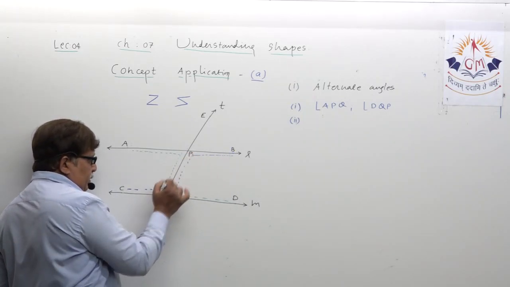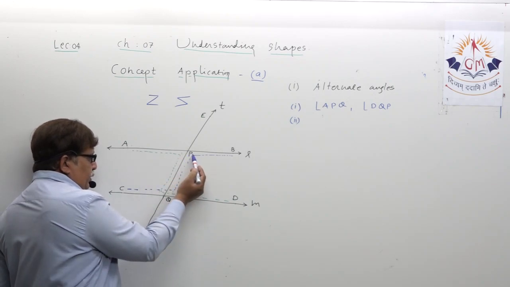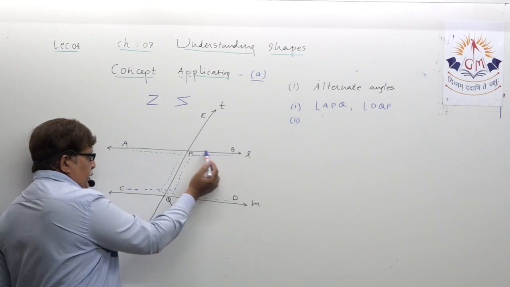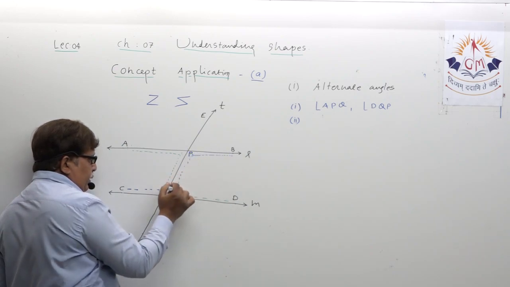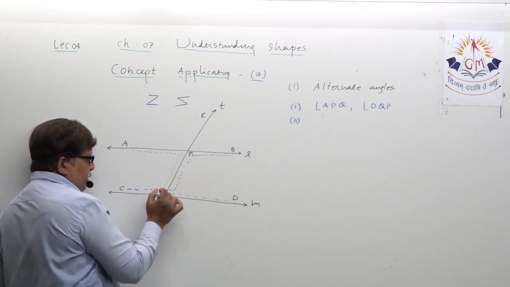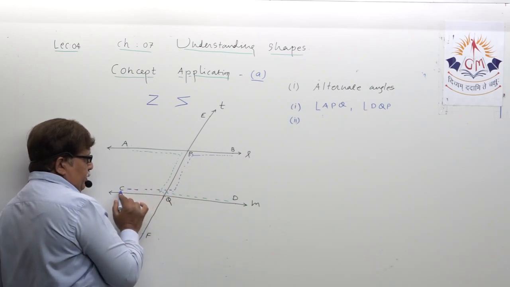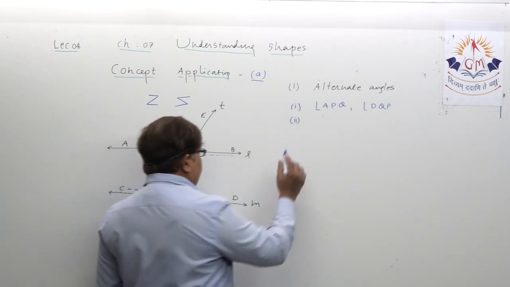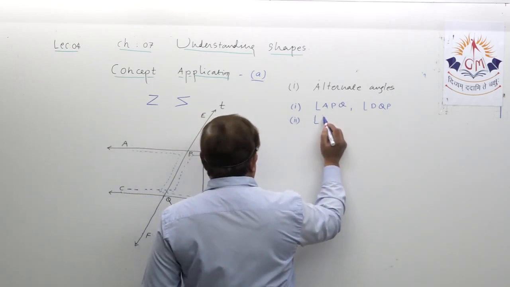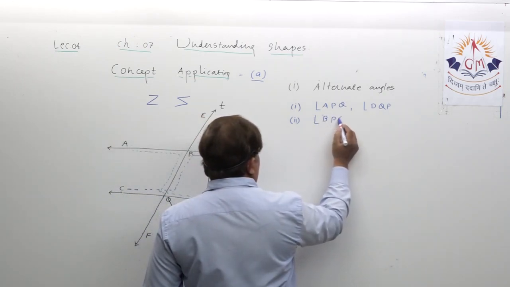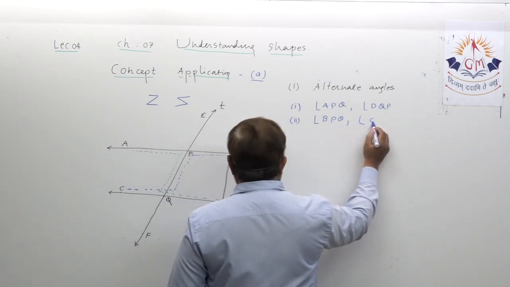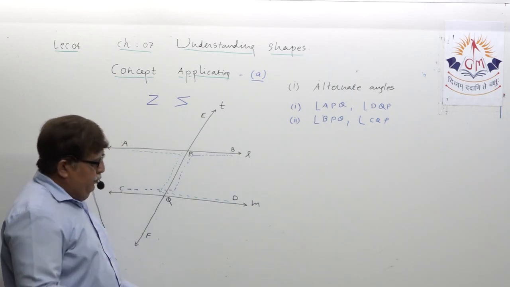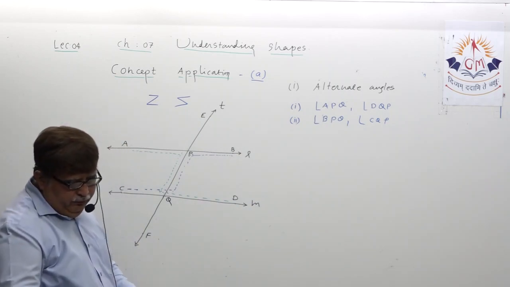This one, sometimes this way: angle B, P, Q. This one: angle C, Q, P. Let us write it. Angle BPQ and angle CQP.